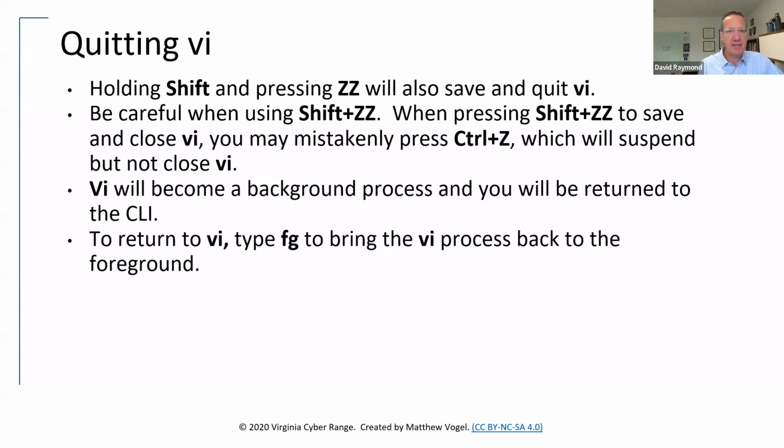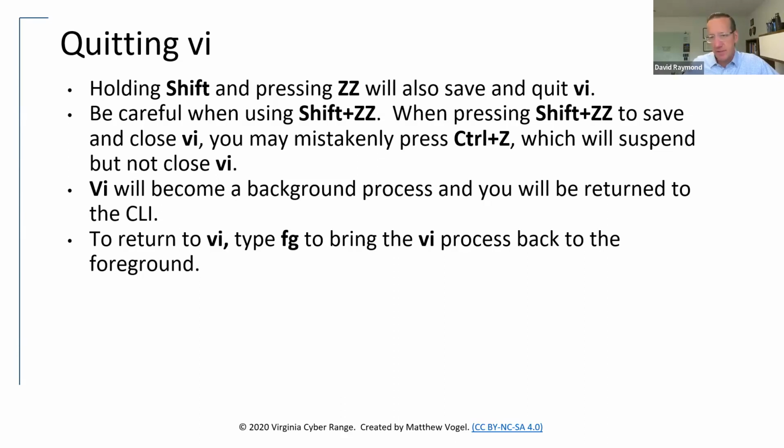Okay, saving a file, quitting VI. I talked about quitting VI last time and this time. Hitting Shift and pressing capital ZZ will also save and quit VI. So Shift ZZ will save and quit. I don't generally do this.